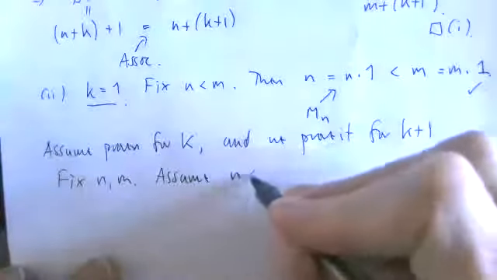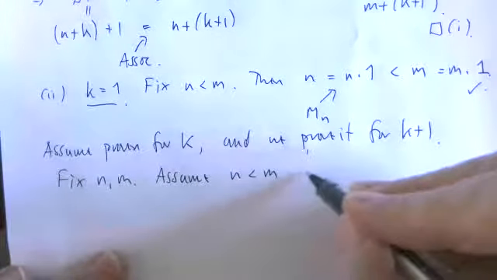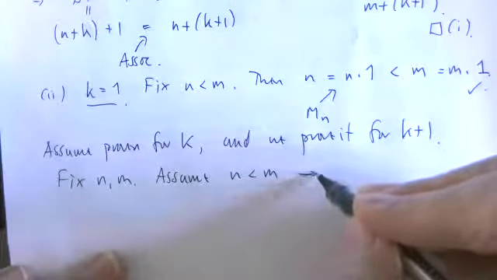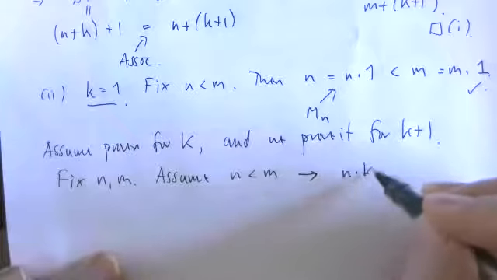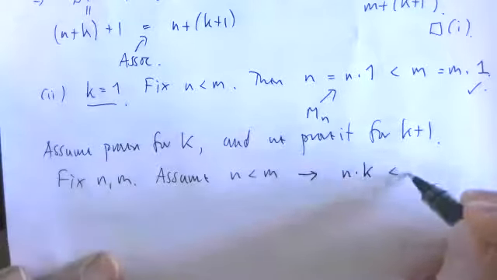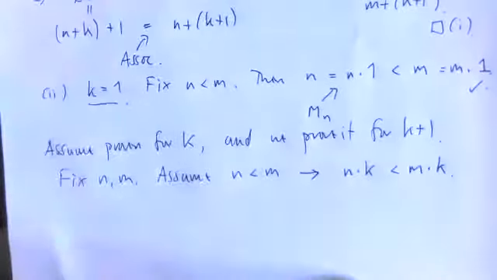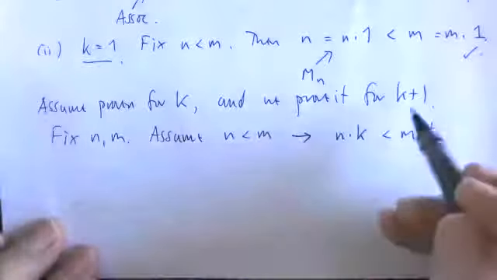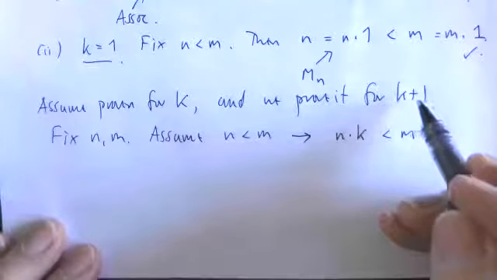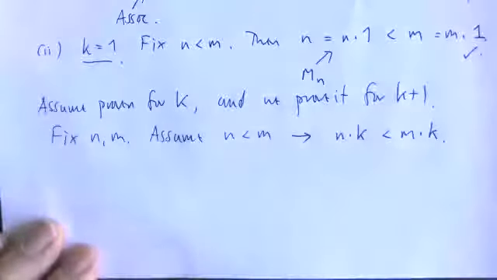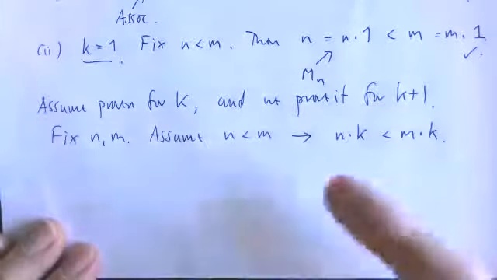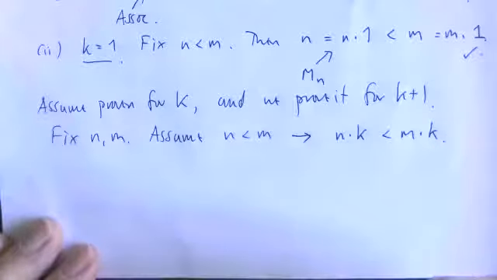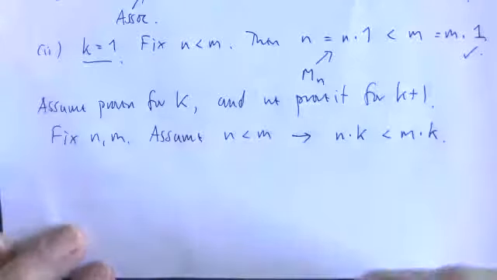And we assume n is less than m, and then this implies n times k is less than m times k. So the idea is you just plug in what you want, the k plus 1, and you use the rules of arithmetic we've already proven to hopefully get the desired inequality or whatever it is you're trying to get out on the other side.